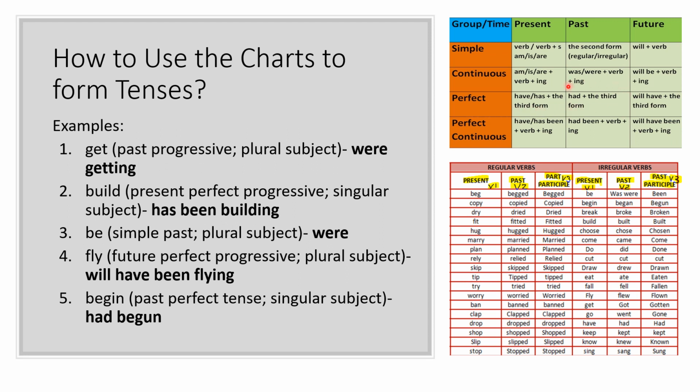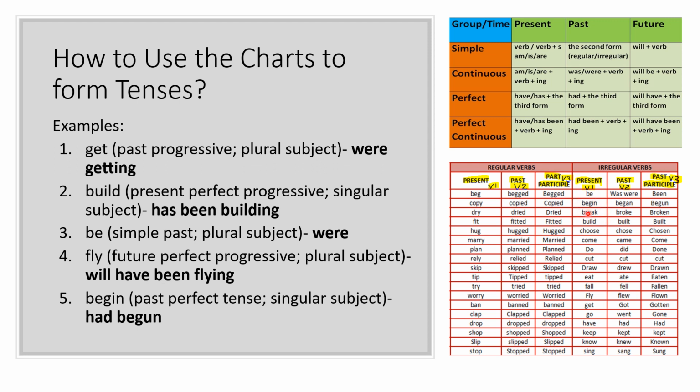So this is the formula. Are you asked to look at the second chart? Yes, because according to the formula, you are supposed to be using the third form or the past participle form of the given verb. Now let us use the second chart and let's look for the verb begin.